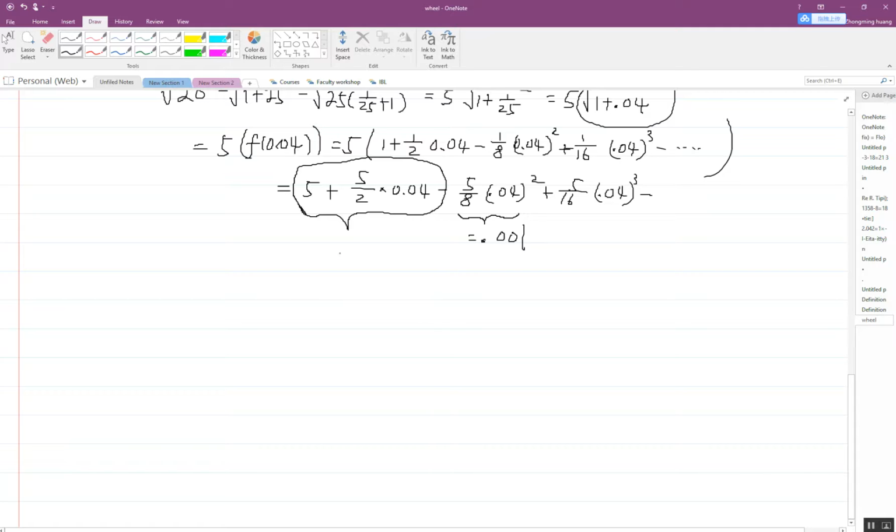So you just need these 2 terms. So the square root of 26 is approximately equal to 5 plus this guy, times 0.04, and it turns out to be about 5.1. Okay, so we are done with this example.